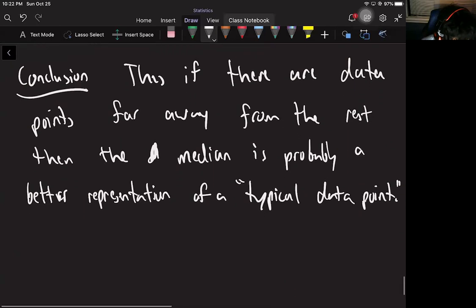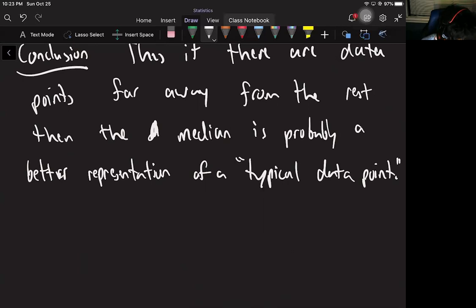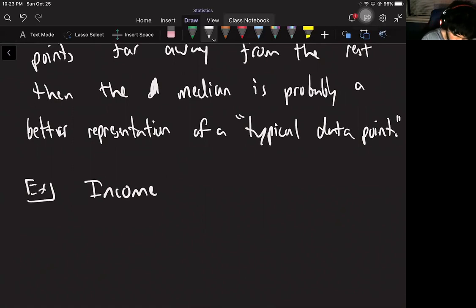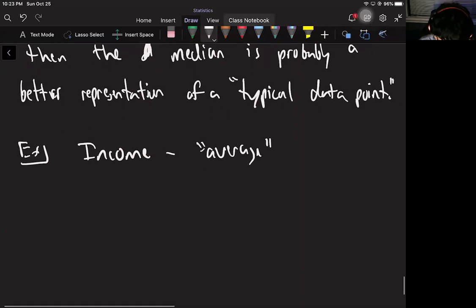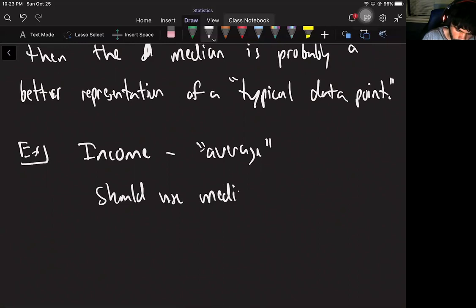This will be in the lecture problems, but just one thing to think about right now is income. What people will try to do is say, oh, the average is so high. They use the word average to sneakily not tell you whether they're using the mean or the median, but they're always using the mean because they're trying to trick you into thinking it's higher. For income, you really should use the median.